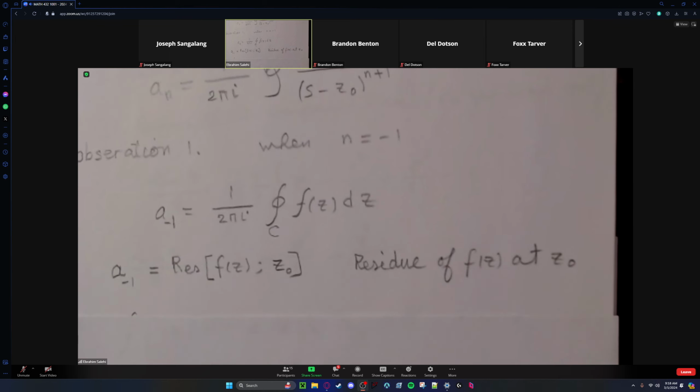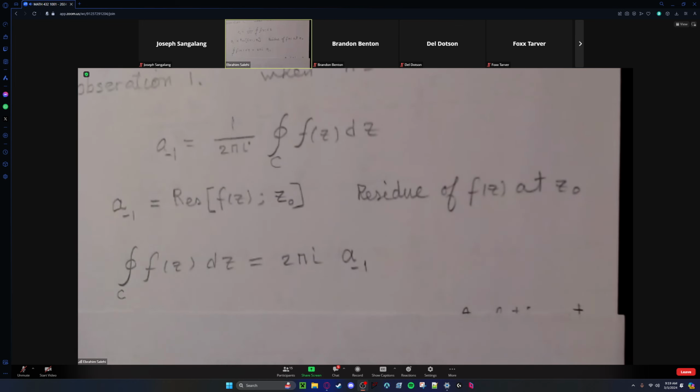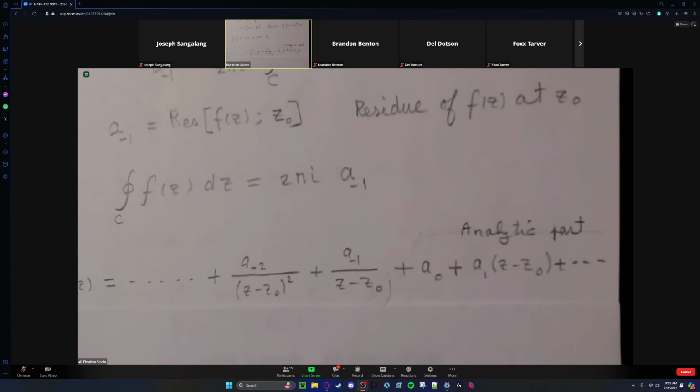That is called the residue of f of z at that point. Later I will come back and talk about finding residues, and there is a beautiful theorem called the residue theorem that will help us to integrate a function. So, how do we find this?